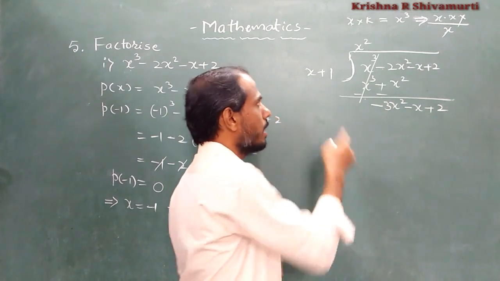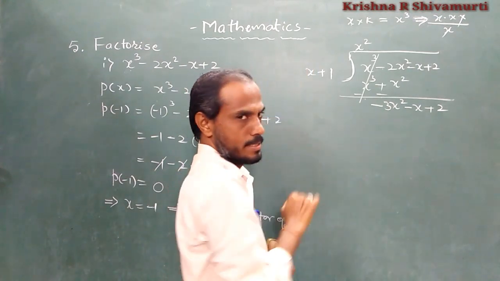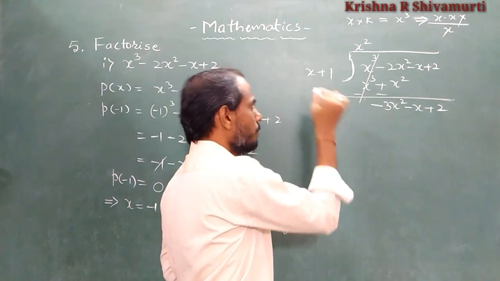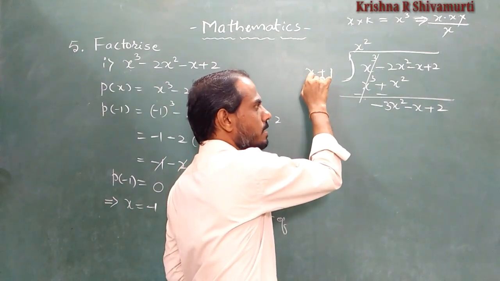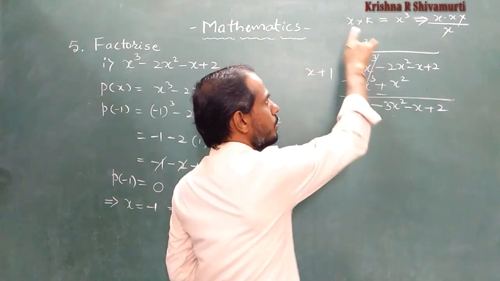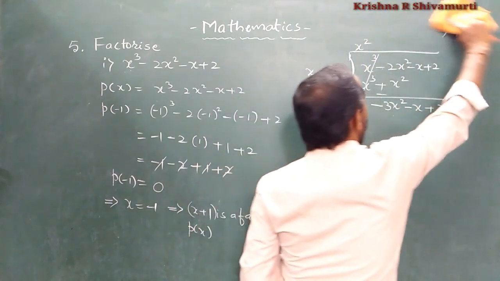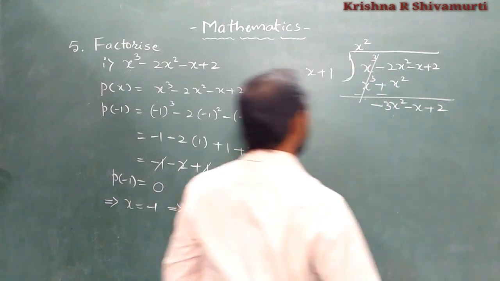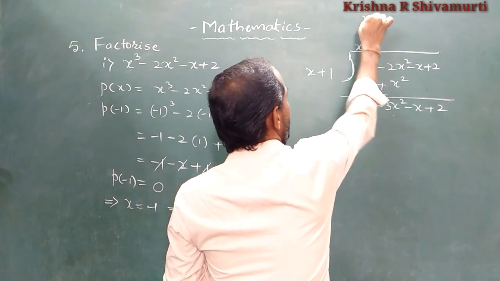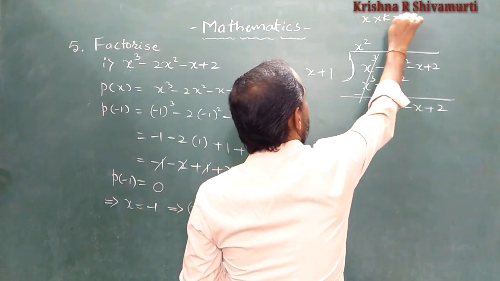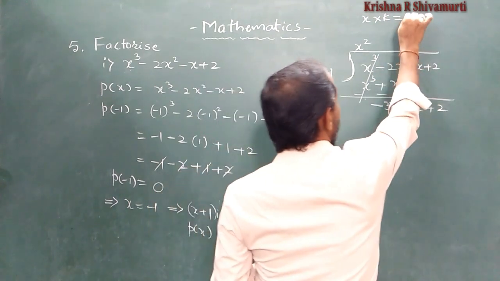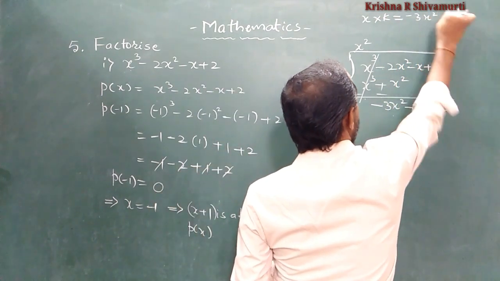What should I multiply to this one, x? For which term do we multiply x to become minus 3x square? Do the procedure like this, students. How I did here, once again you do like that only. x into k is equal to the first term, minus 3x square.